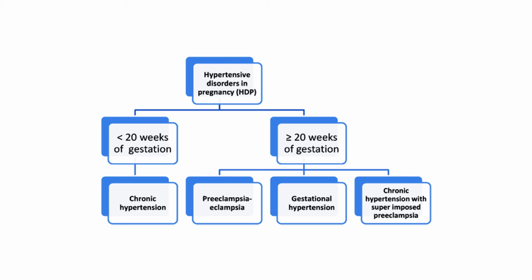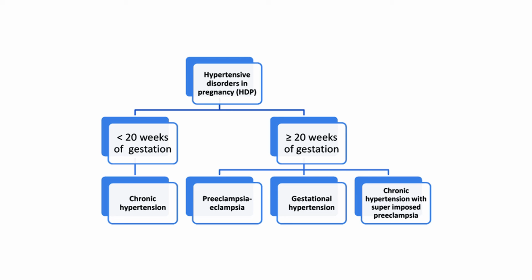Then greater than 20 weeks of gestation, we have preeclampsia, which is defined as when hypertension occurs at greater than 20 weeks of gestation and is accompanied by proteinuria or severe features of preeclampsia.